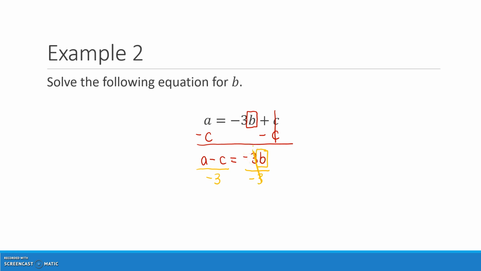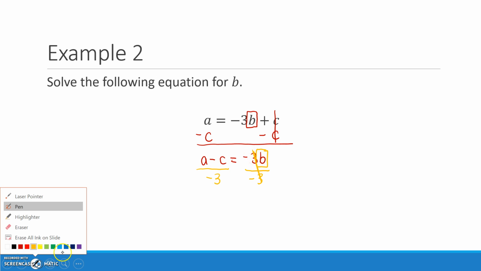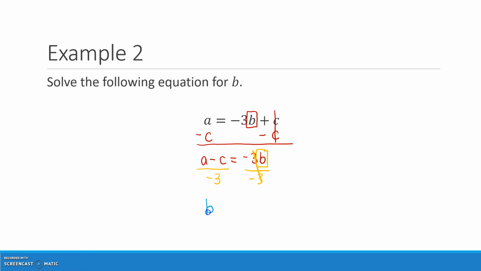Those cancel out on the right, and we're left with just b equals, and I'm going to write this exactly as it is, a minus c all over -3. And that would be it.